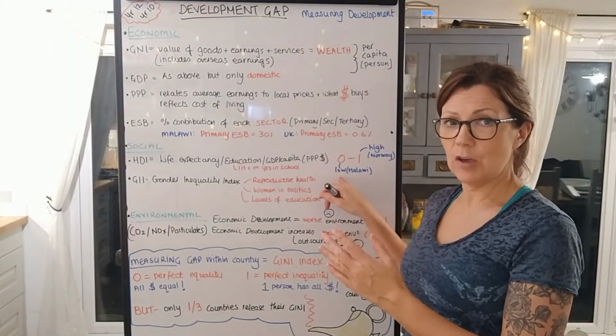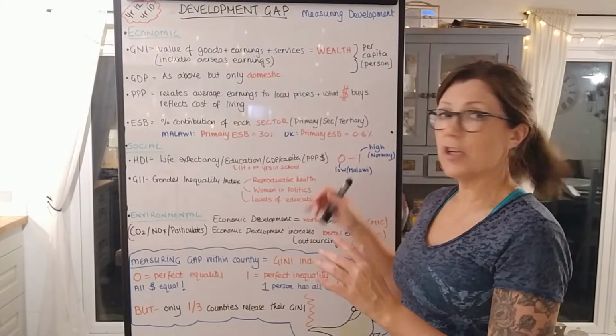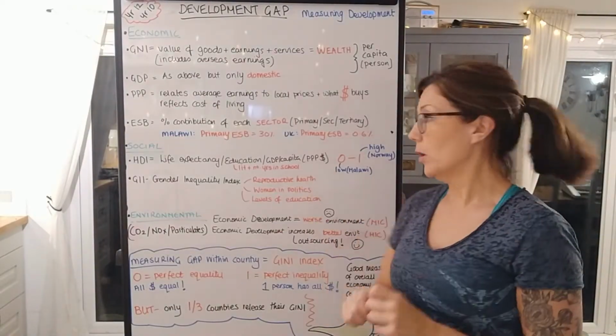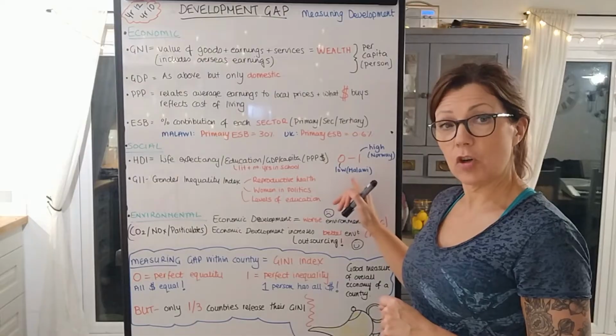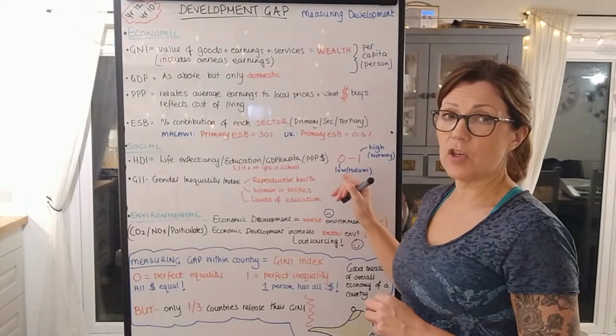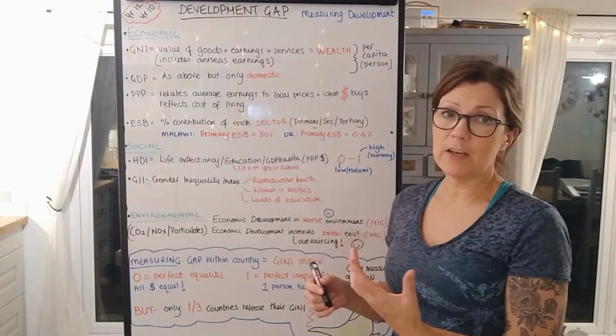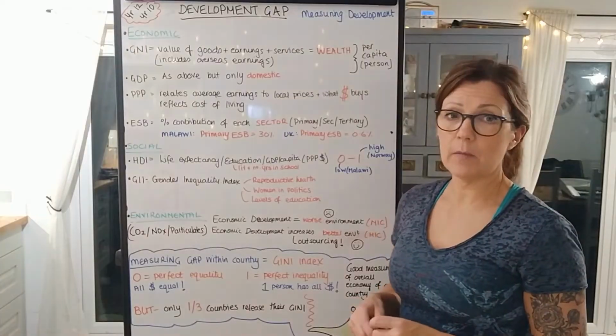So 0 is not a great figure to have, 1 is the best figure to have. So all countries come between 0 and 1. So right at the lower end of the scale, we've got countries like Malawi or other sub-Saharan African countries, some of the countries that are in a lot of debt, and they will come out nearer 0, maybe at like 0.4, 0.35, something like that.